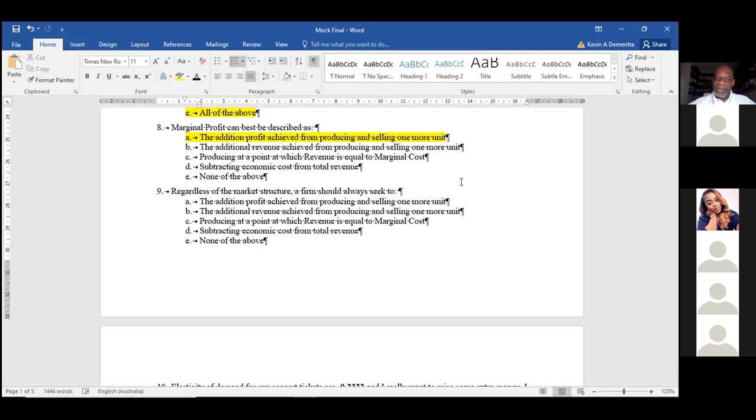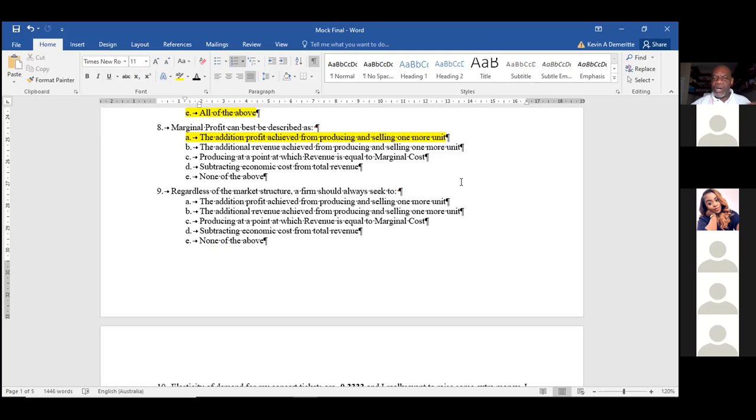Question 9. Regardless of the market structure, so it doesn't matter what kind of market structure you are, a firm should always seek to: the additional profit achieved from producing and selling one more unit, additional revenue achieved from producing and selling one more unit, produce at a point where revenue is equal to marginal cost.